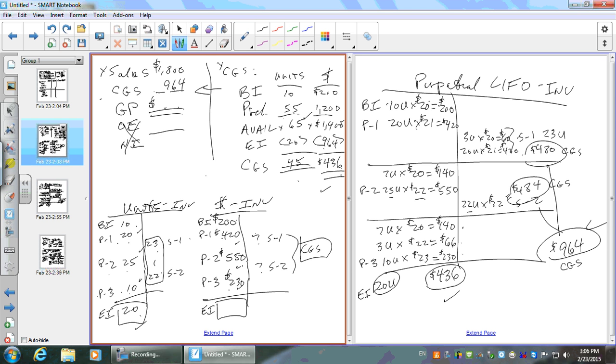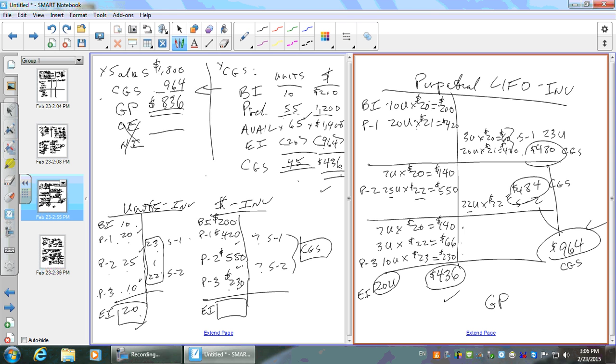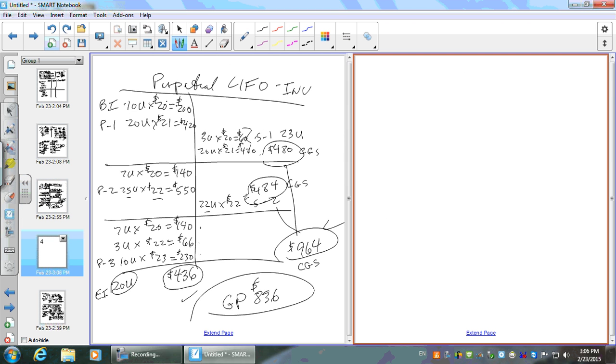So what's 1,800 less 964? 836, is that right? That would be my answer for that. So my gross profit, to go with those, would be 836. Are we good? Okay, so then let's try the last one.